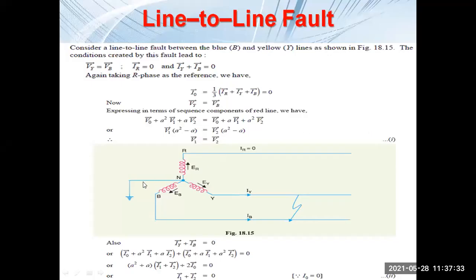Now, as the neutral is grounded, I will just go to the board and show you. My board is visible? Yes, sir. Okay, fine. So we know that for a balanced circuit, IR plus IY plus IB equals 0.